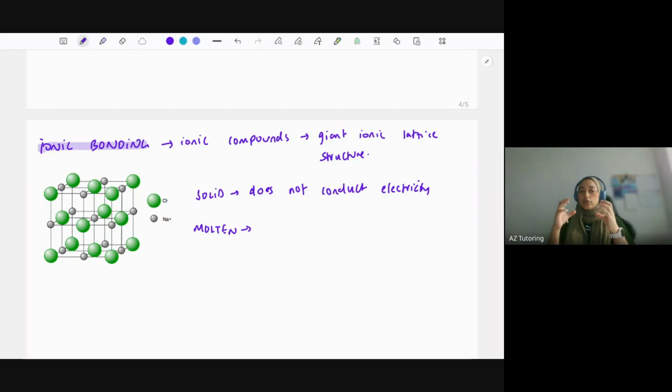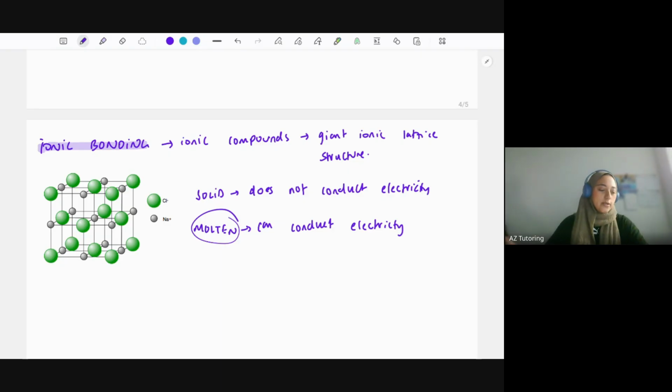When it's solid, the ions are fixed in place, but when you make it molten, the ions are free to move, so therefore it can conduct electricity. You might get an exam question asking what the conditions are for something ionic to conduct electricity. You have to make it molten. It cannot do it when it's solid because the ions are not free to move.